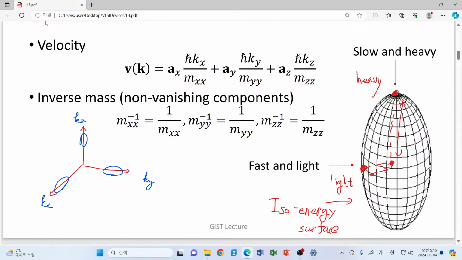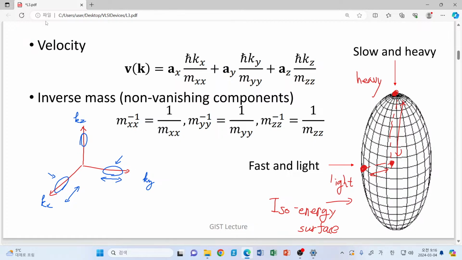Then let me ask you one question. For this one, what is the direction for its heavy mass? Yes, this is the direction for its heavy mass. However, for this valley, what is the direction for its heavy mass? Yes, this is the direction for its heavy mass.